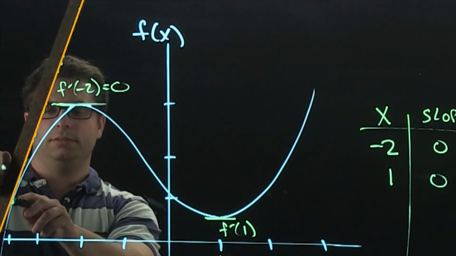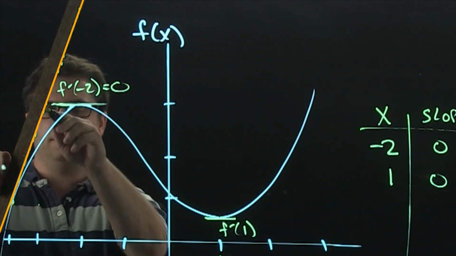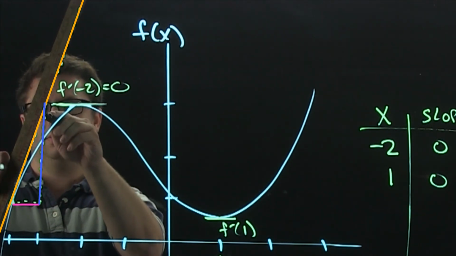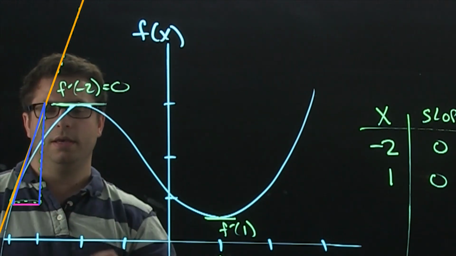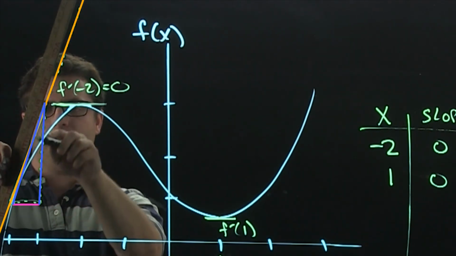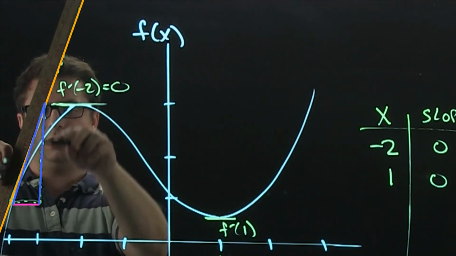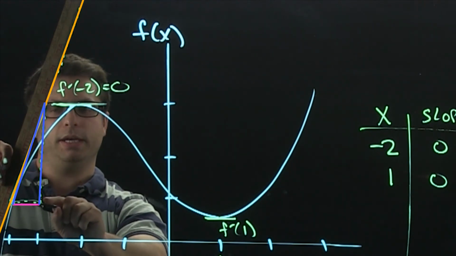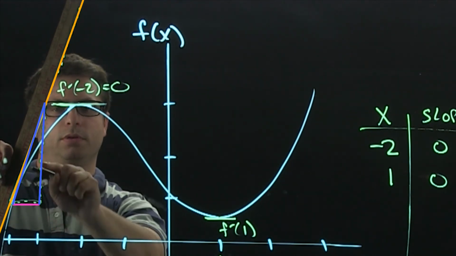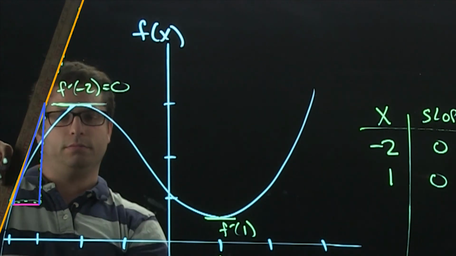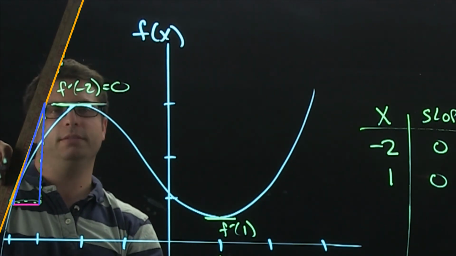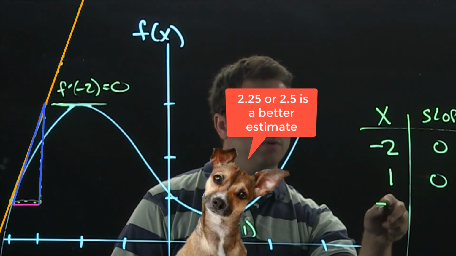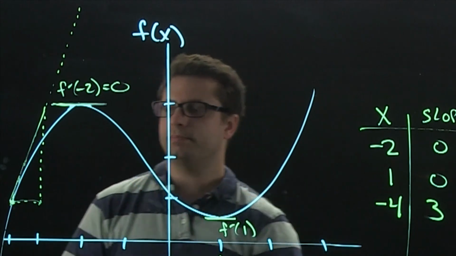After I've gone over one full unit like this, I make this triangle. The slope of this line would be the change in the y values over the change in the x values. I chose the change in x to be 1. So this looks like a change of 1, up 1 unit, 2, maybe like, let's say 3. Let's just guess a value of 3. So at -4, we have a slope of 3.